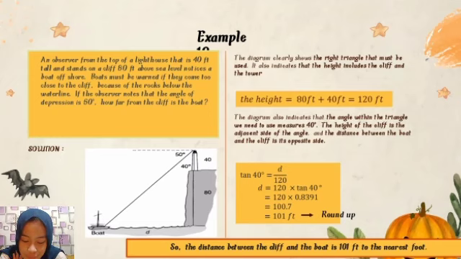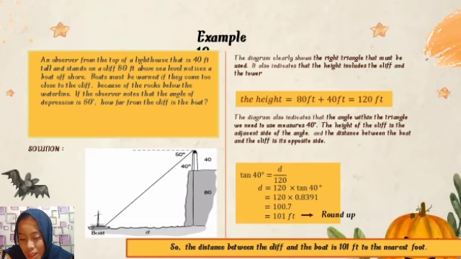Solution. The diagram clearly shows the right triangle that must be used. It also indicates that the height includes the cliff and the tower. The height equals 80 feet plus 40 feet, which equals 120 feet.